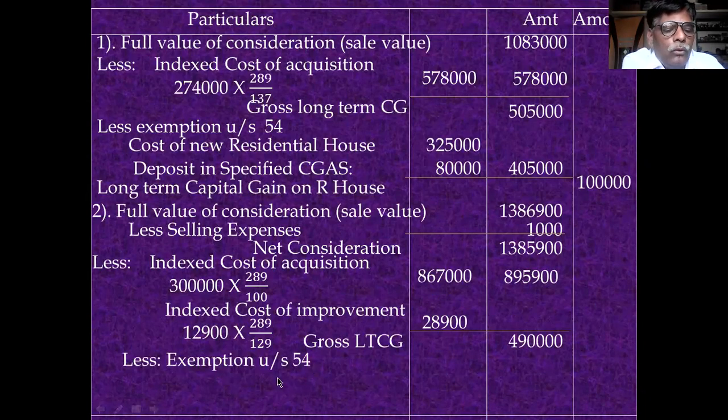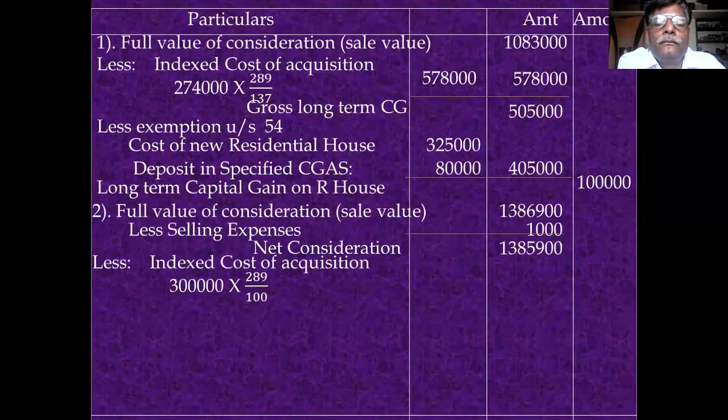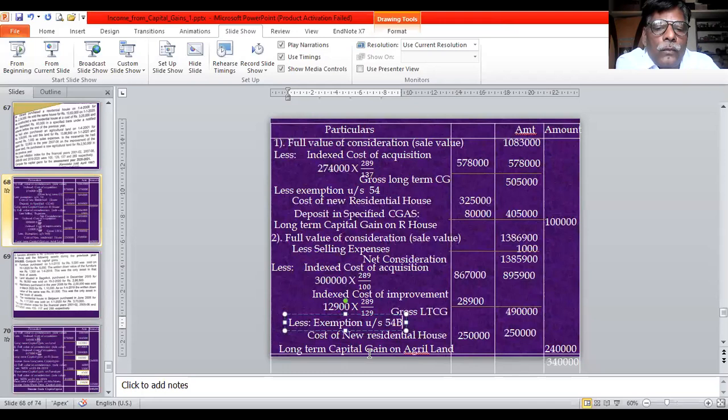It is not 54 only. It is 54B. Under 54B, you give deduction. That is cost of new agriculture land.